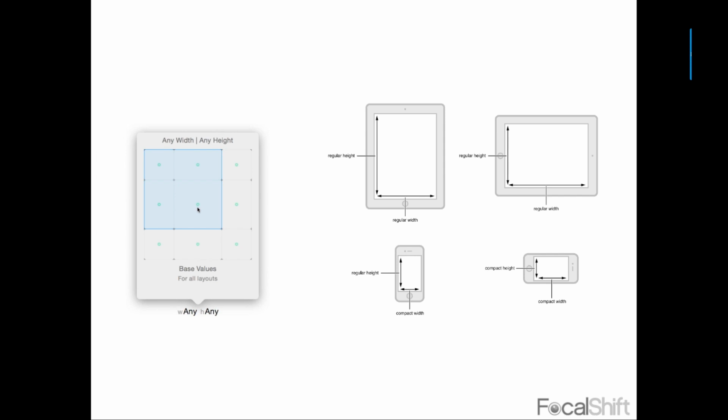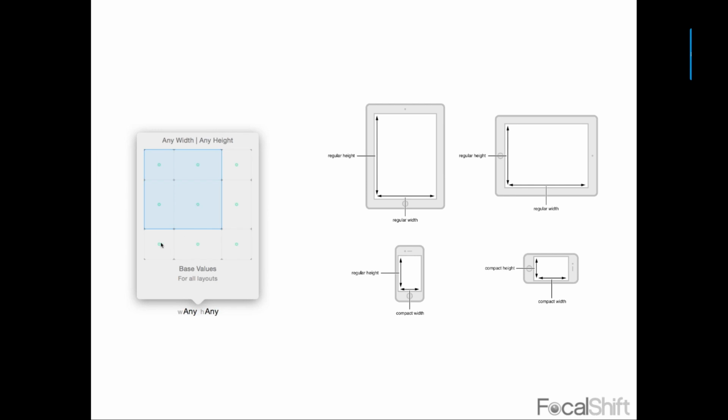And so the first column represents compact, the last column represents regular, and the thing in the middle represents any. So that box means any, that means any, that means any, and that means any. So if you pick the thing right in the middle, you're basically at the intersection of any width and any height.